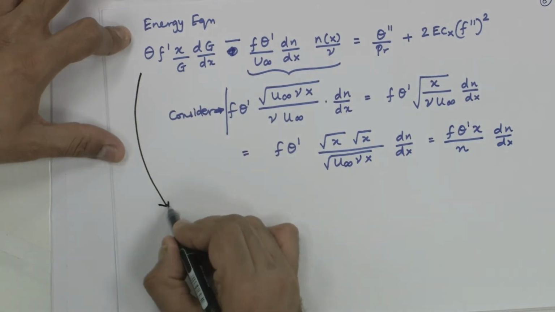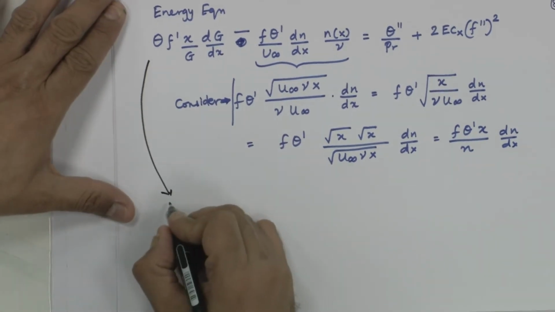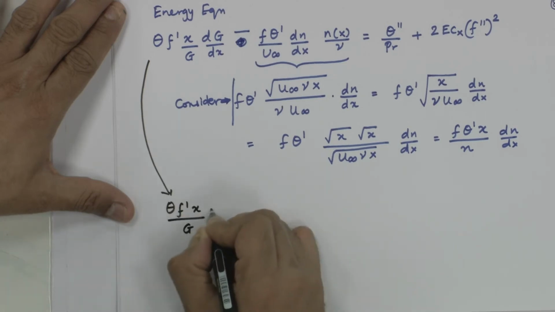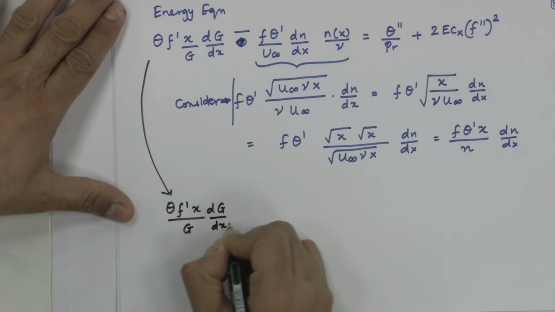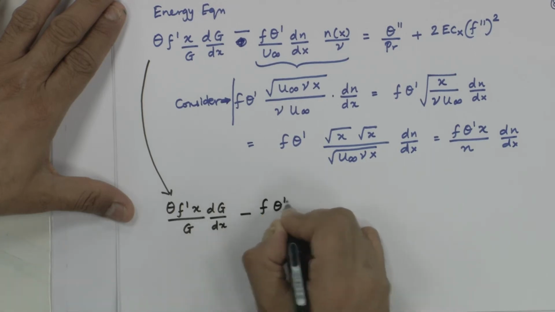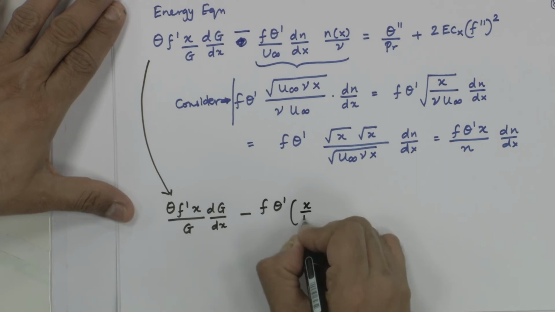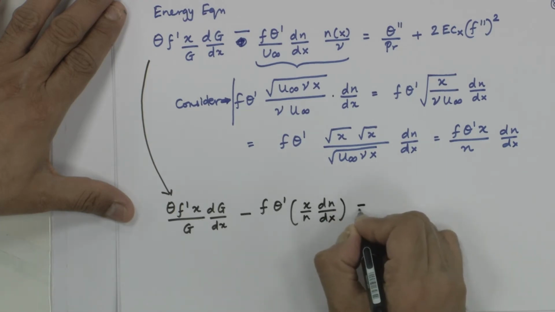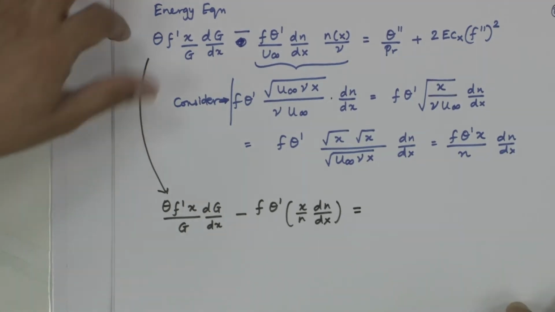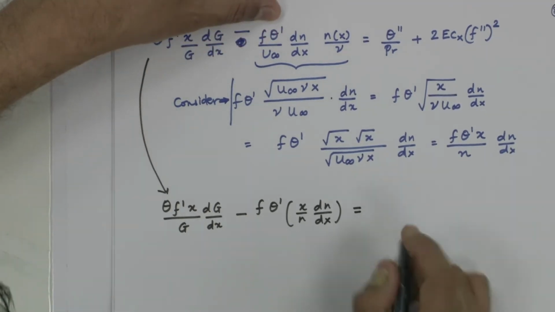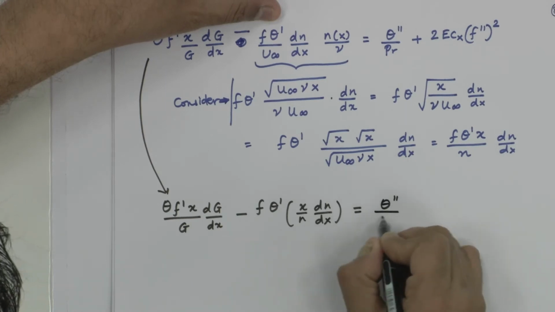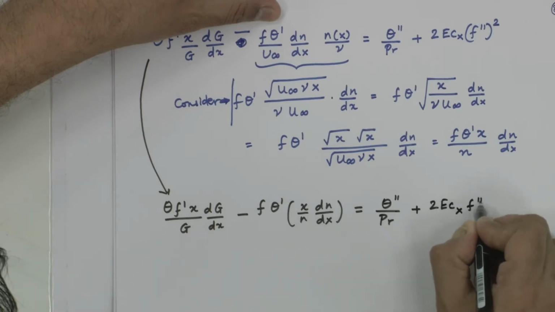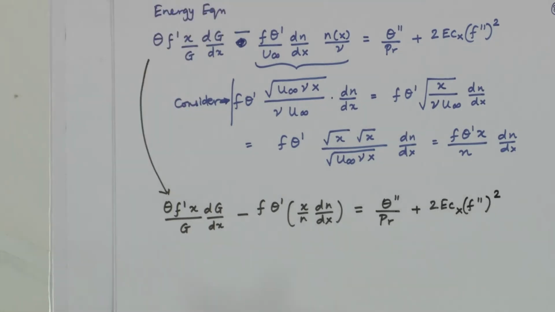Therefore, if I use all this together, I get theta f prime x over g dg by dx minus f theta prime x by n dn by dx is equal to theta double prime by Prandtl number plus 2 times local Eckert number f double prime square.